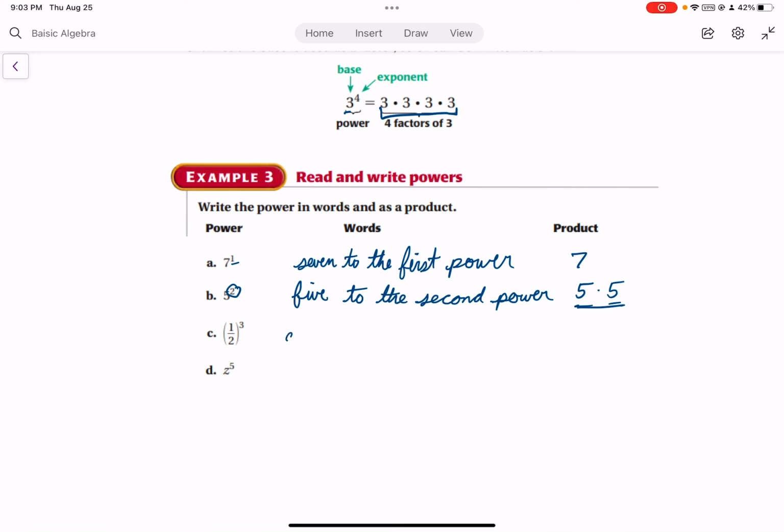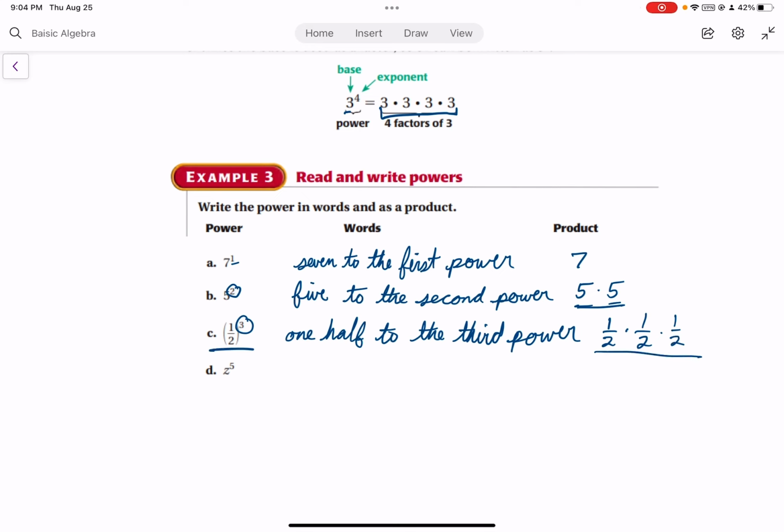Next one we have is 1/2 to the third power. So that would mean if I have a 3 over here, I have to write 1/2 3 times. And then that is our product for this power.